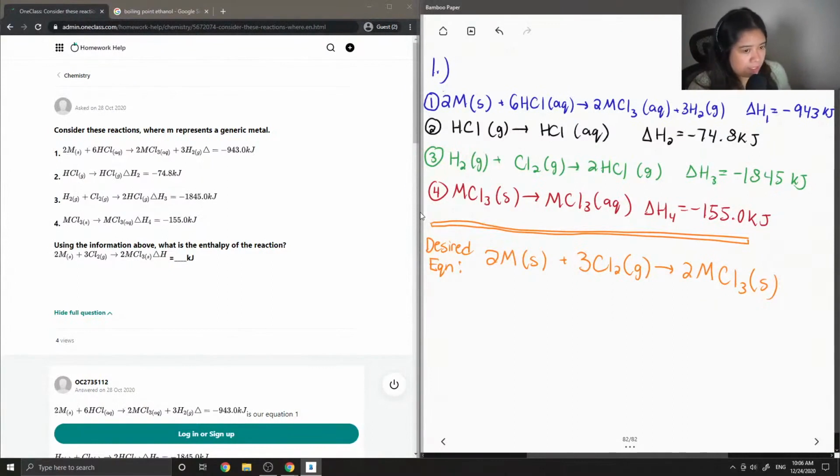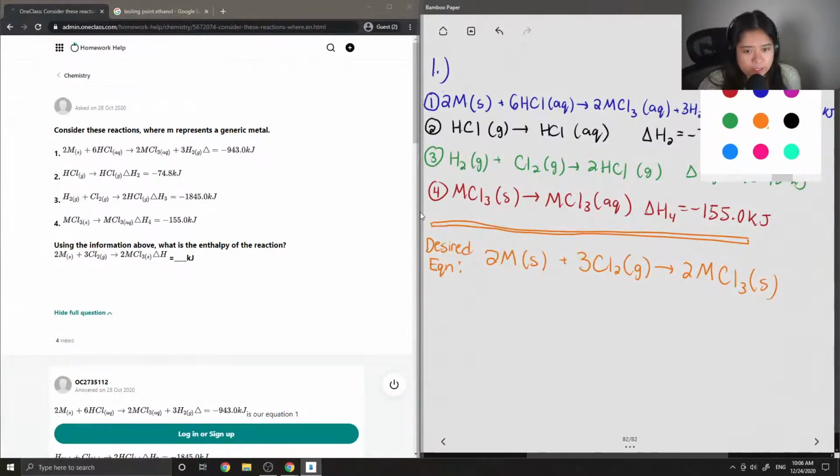this HCl aqueous, which is on our reactant side. So I need to find an equation that has HCl aqueous on the product side to cancel it out. And I know I need to multiply that equation by 6.